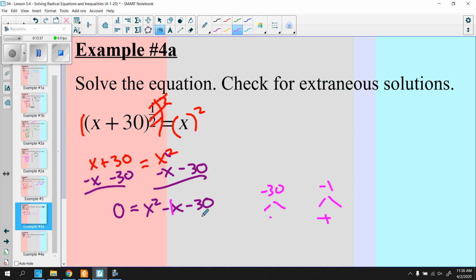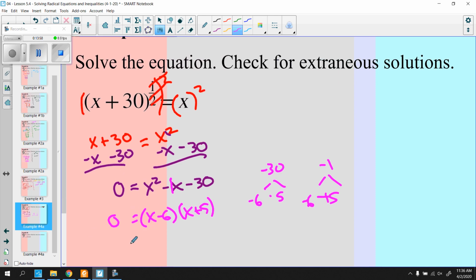This negative 1 right here. Not too bad, right? Negative 6 times 5, negative 6 plus 5, yep, negative 1, negative 30. So it checks out. x minus 6, x plus 5 equal to 0. So we end up with x equals 6 and negative 5.